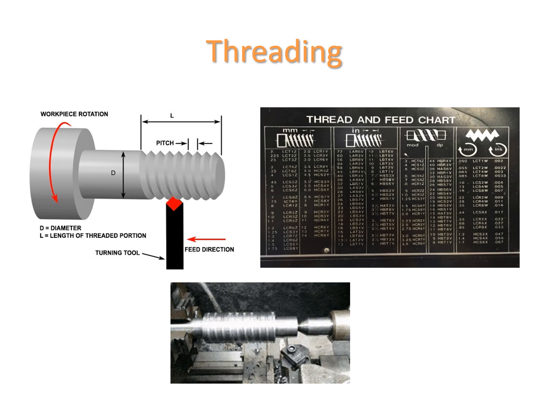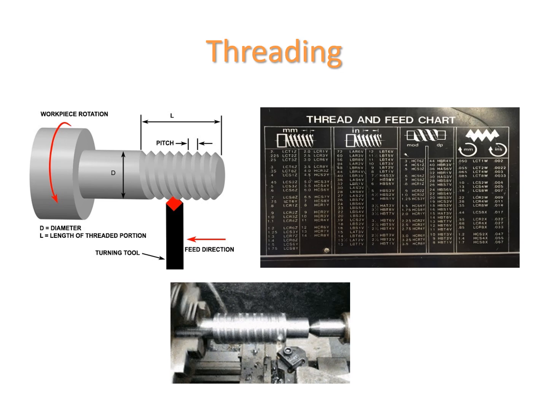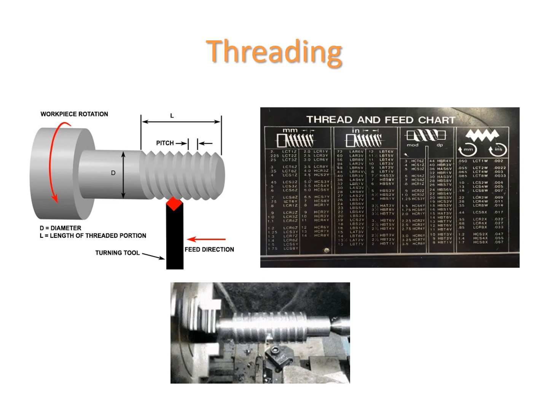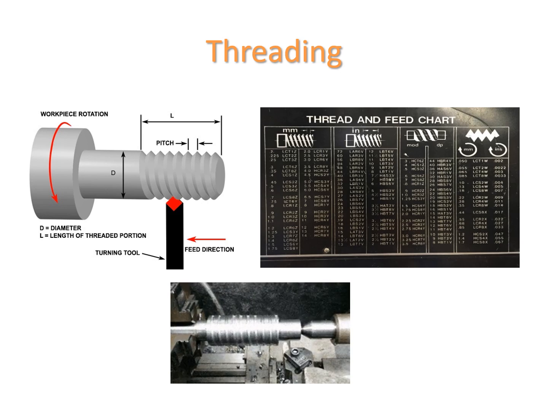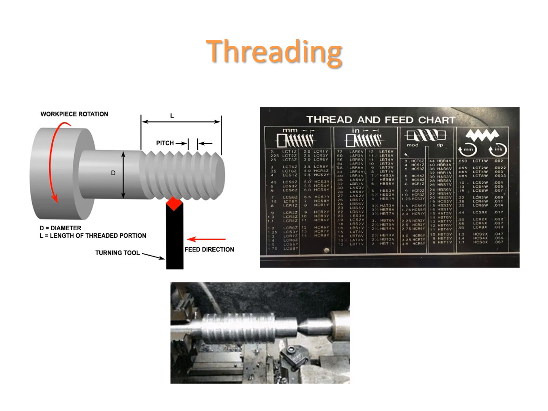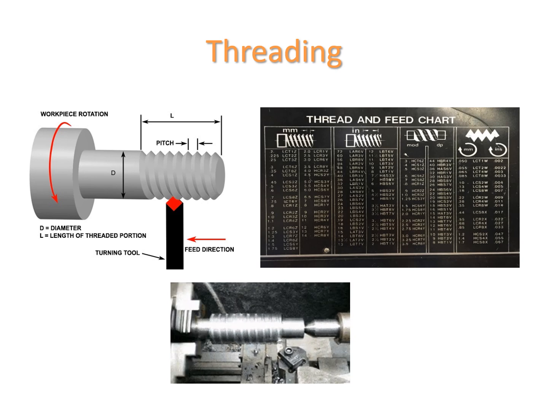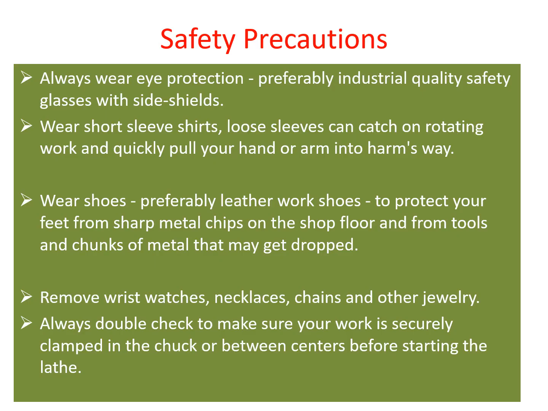Then, according to the required pitch, with the help of the thread and feed chart given on the lathe machine, we adjust the compound rest angle and the RPM of the lathe machine. Both left-hand and right-hand threads can be made on the lathe machine by adjusting the relative motion of the tool and the workpiece.